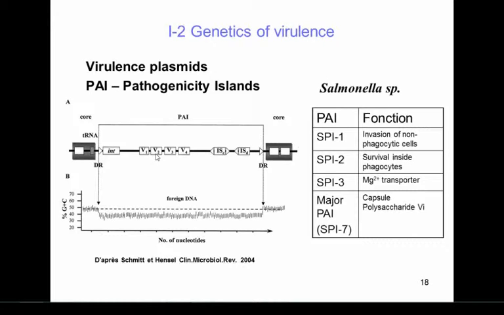So an example is in Salmonella, okay? SPI1, Salmonella pathogenicity island 1, codes for all the genes necessary to invade non-phagocytes. SPI2 codes for all the genes necessary to survive inside phagocytes. And the major pathogenicity island, SPI7, codes for all the enzymes required to produce the capsule.